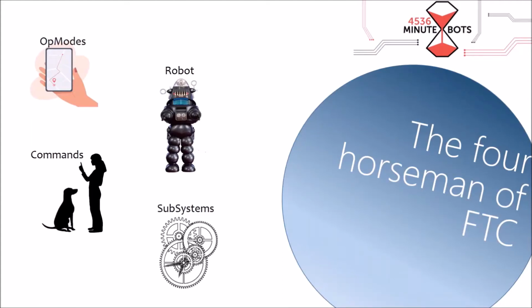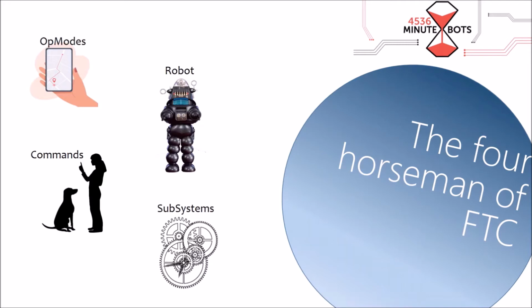I am Programming Mentor for the Minibots 4536 and the Millisecond Bots 16806. And we're looking at what I call the 4 Horsemen of the FTC. If you have not yet watched the separation of concerns video, I recommend you do that so you understand what I'm referring to when I talk about concern.